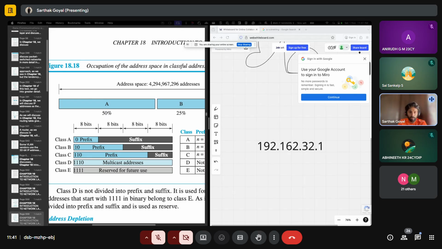I'll just do it for everyone. It'll take some time today, but I'll finish IP subnetting. In the next class, I'll continue with the packet analysis. Would that be fine with you guys? Yes, Sarthak. All right.